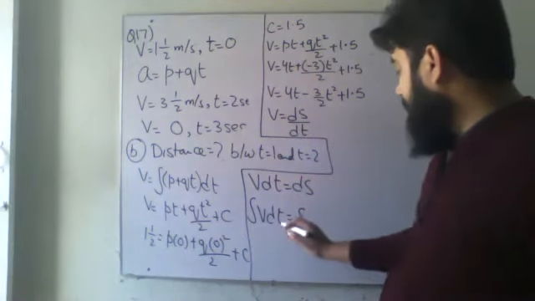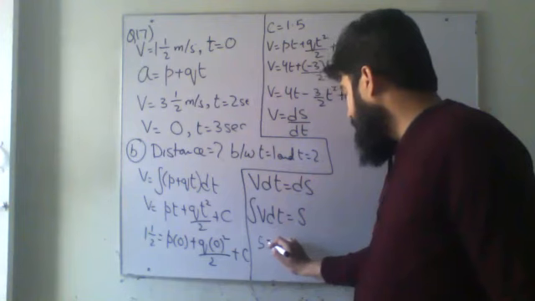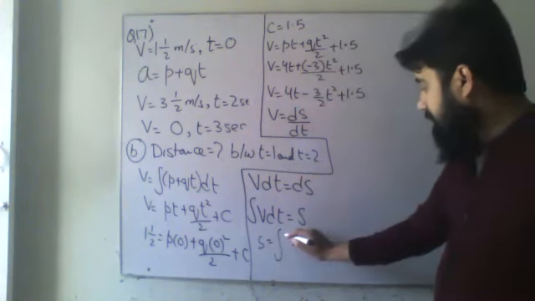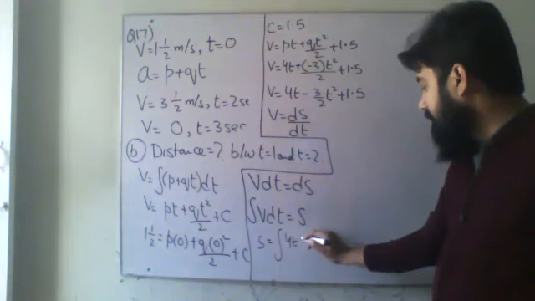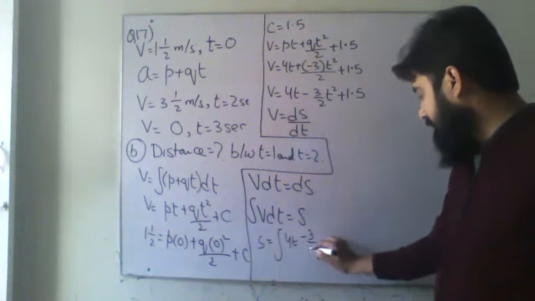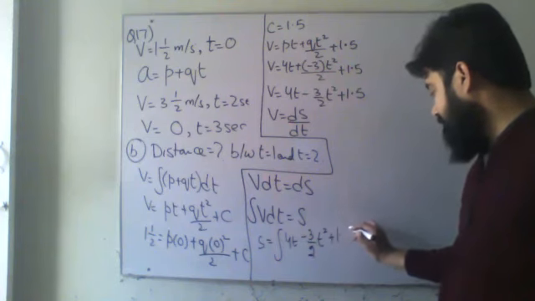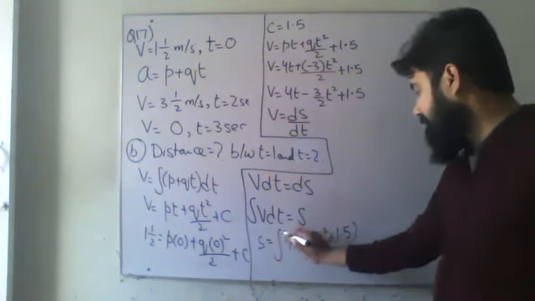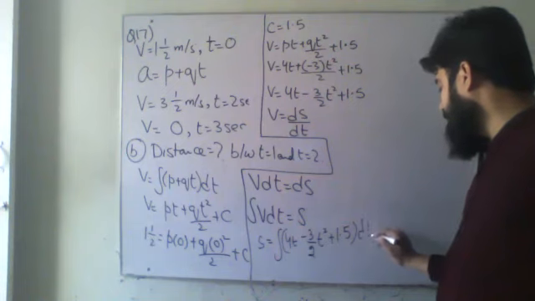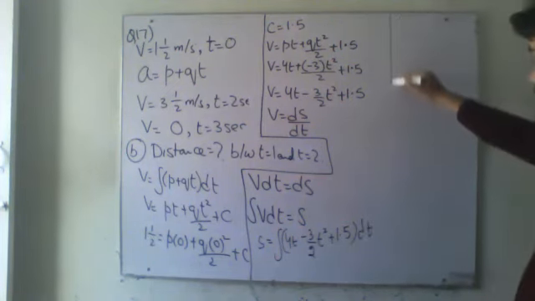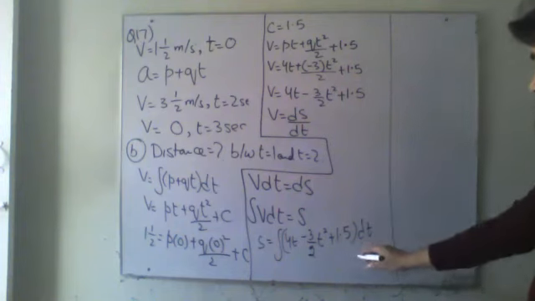So let's do it. Integrating, s equals integral of, what's the equation of velocity? 4t minus 3 over 2 t squared plus 1.5 dt. Okay? So what will happen when I simplify it?